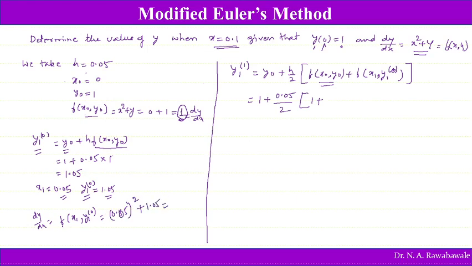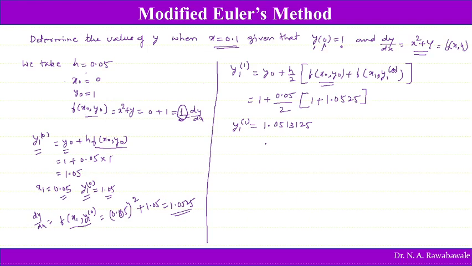From this we get f of x1 y1 of 0 as 1.0525. So if we simplify, this gives us 1.05131125 as y1 of 1. This is the first iteration we can call.